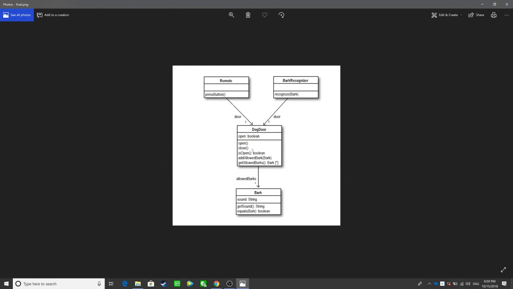So that's association. Somehow associated, and if you put more information here, it will work, because this information means we have a reference to the door, which is of type dog door, or we can say we have an attribute called door, which is of the type dog door. Okay.